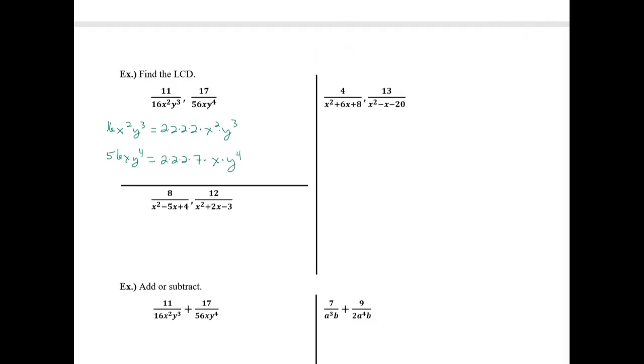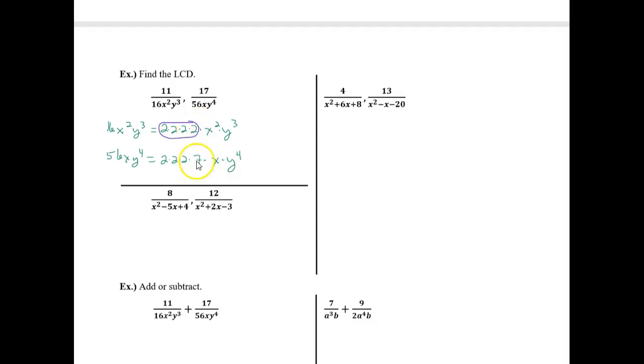The way we identify the least common denominator is we take the most of each factor. So 2 is a factor. Which one has the most 2's? The one up top. So I'm going to take all of those as part of my LCD. Then I move on to the 7's.